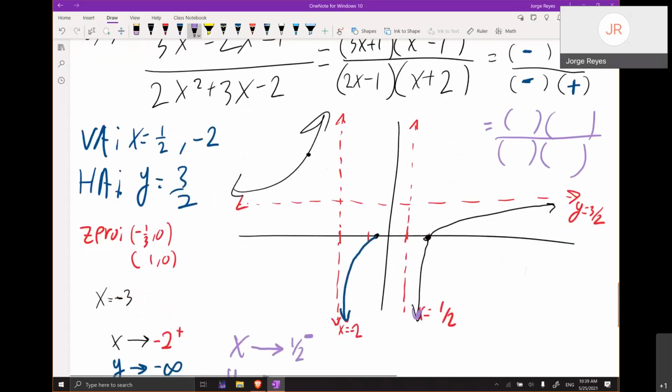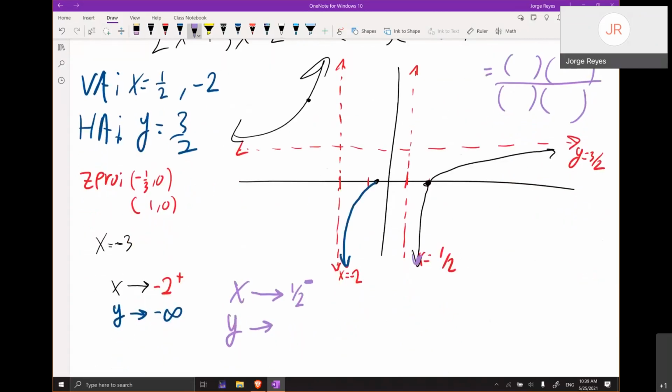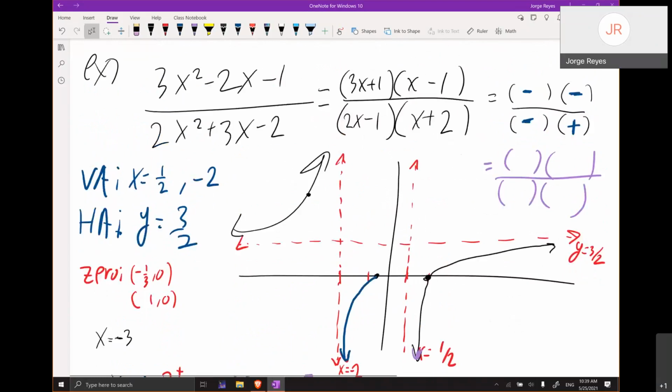So if I'm plugging in something, 1/2 is 0.5, right? So I want to plug in something like 0.49999, something barely smaller than 1/2. Well, this is going to be negative. This is positive. This is positive. What about this one, right?